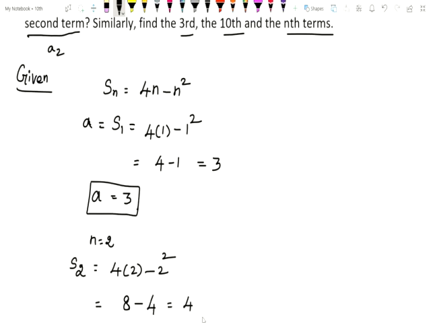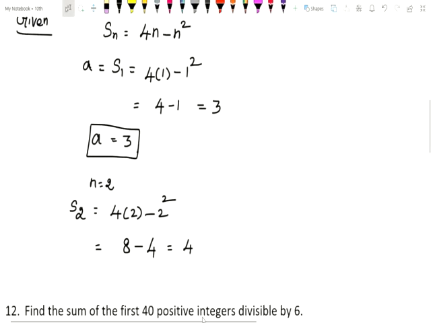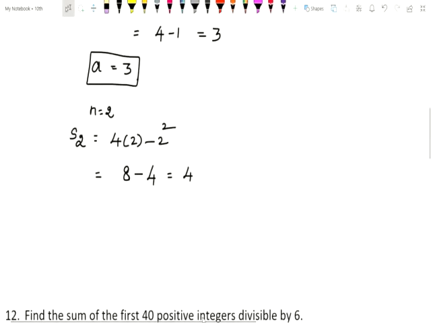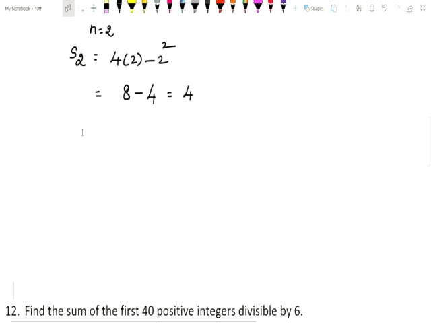So therefore S2 equal to 4. So the sum of the first two terms is 4, we found it.